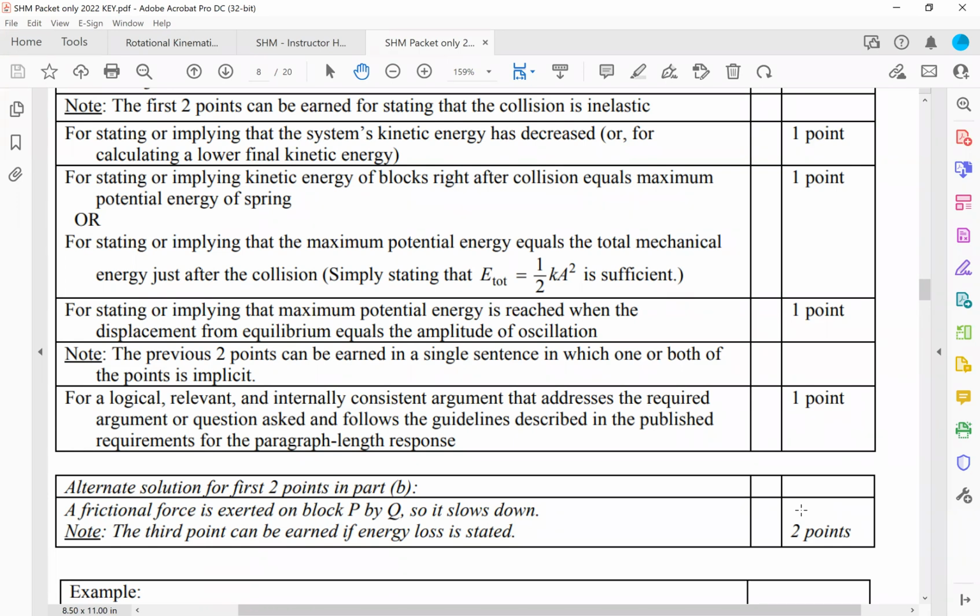We don't want to say that the PQ combination had less kinetic energy, but then say the opposite when we go to check a box or talk about the elastic potential. Okay, PQ has less kinetic, but more potential elastic. That's a contradiction, right? And so that's the logical, relevant, internally consistent. Don't write so much that you start confusing yourself or confuse the grader, right? Try to have good flow.